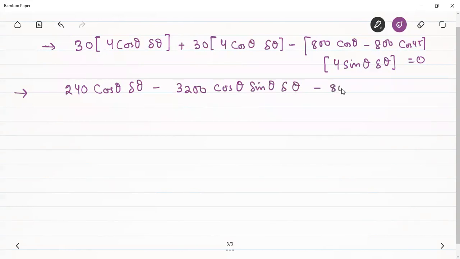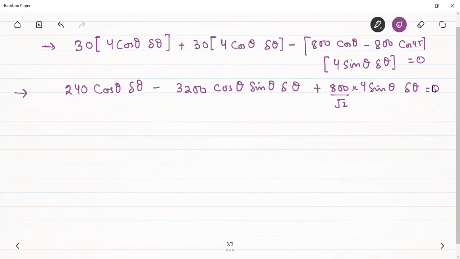Minus 800 cos 45, that is 800 by root 2, multiplied by... one will be minus and another will be plus.